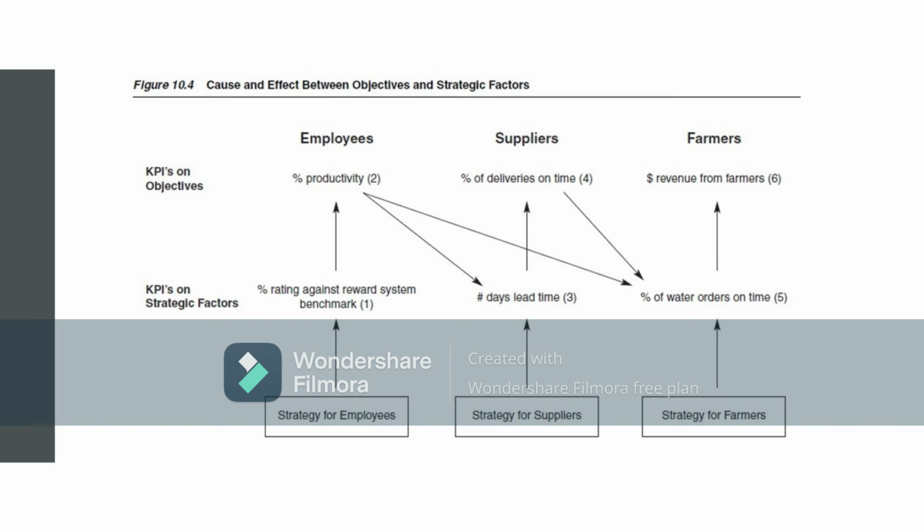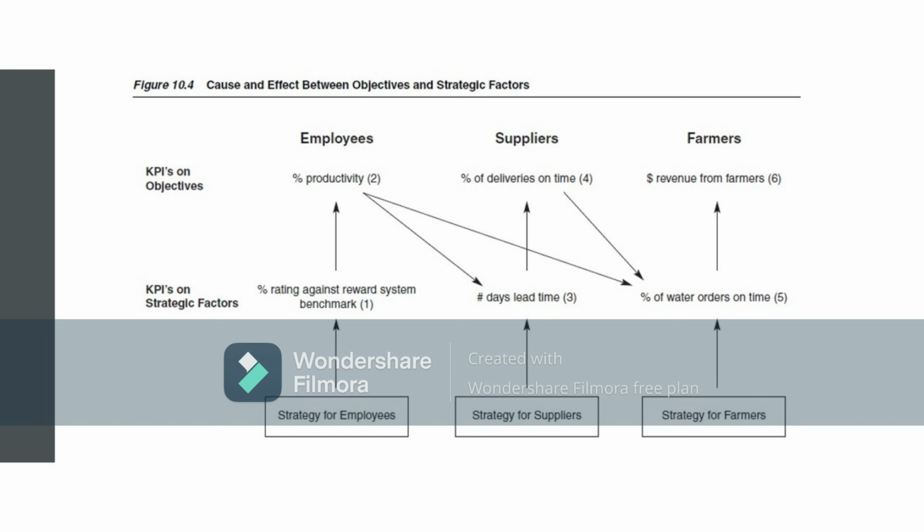Performance on these affects the KPIs on strategic factors for farmers and for suppliers. So the success of Griffith Irrigation's employee strategy is evident in the KPIs on strategic factors and objectives for employees, as well as in KPIs throughout this model.